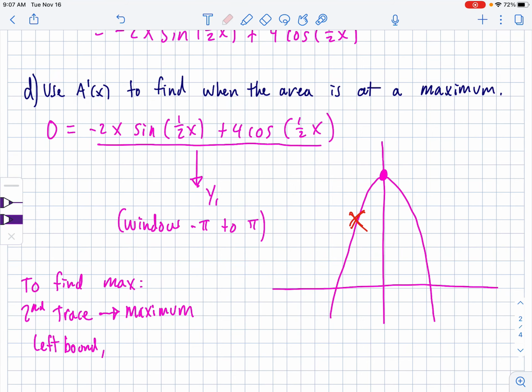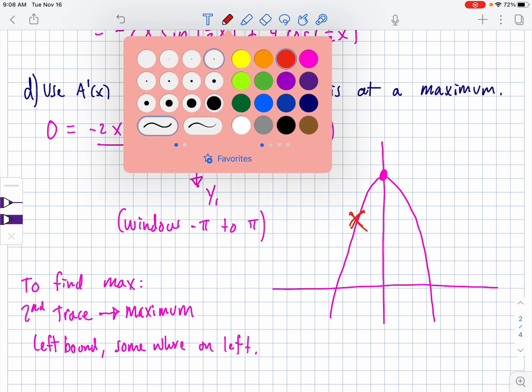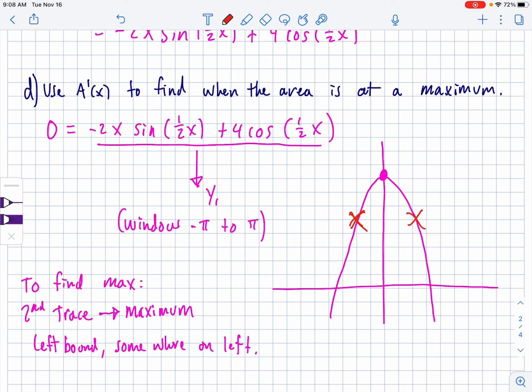So left bound has to be somewhere to the left of the maximum you're looking for. Then once you do that, it's going to ask you for a right bound. So using your arrow keys, shift it over to somewhere on the right and then hit enter. So, the left bound's on the left of the maximum and the right bound's on the right of the maximum.